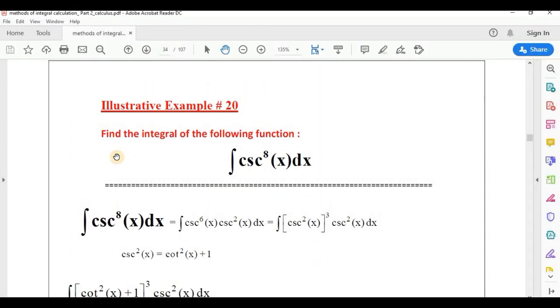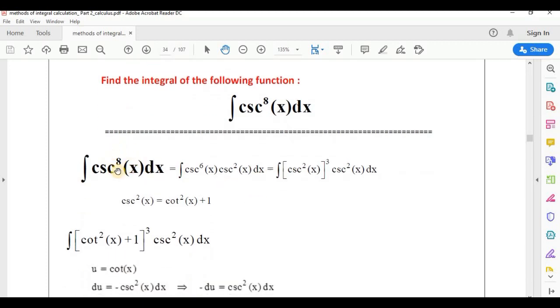Let's see this example. Find the integral of the following function, integral cosec to the power 8 x dx. As we notice here, it is an even power, so the integral will be solved by the substitution method. What we will do, it is even power, so we withdraw 2 and we get 6.